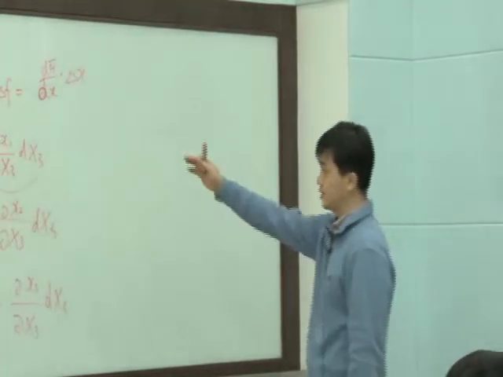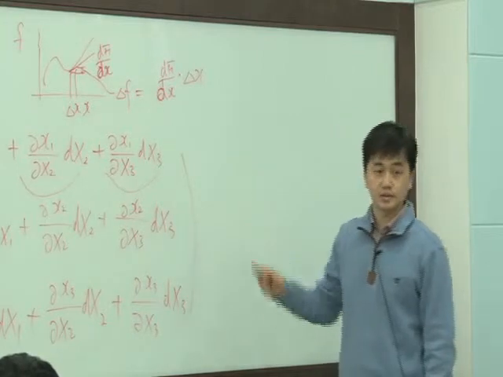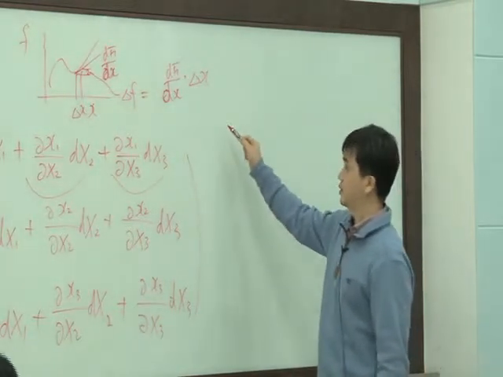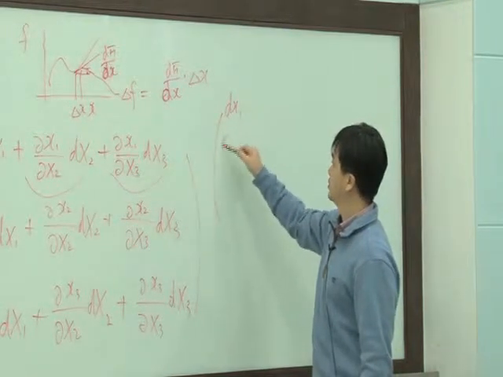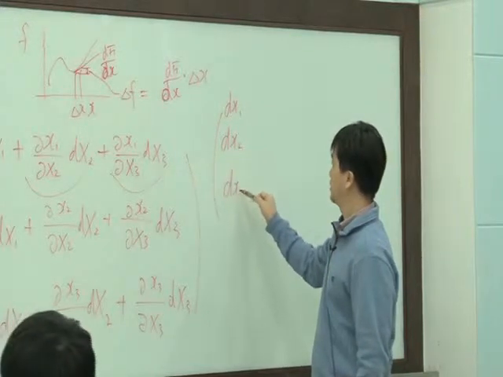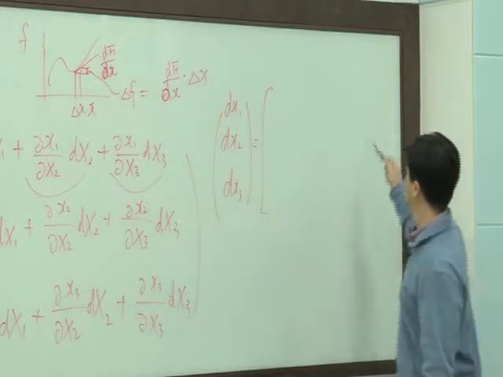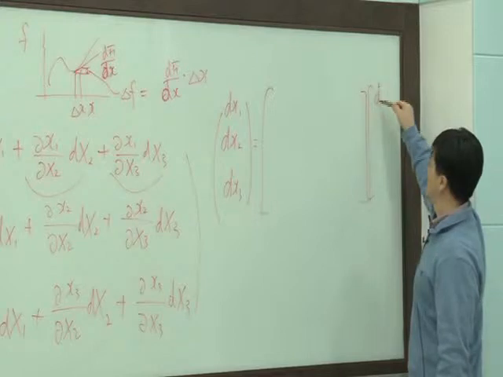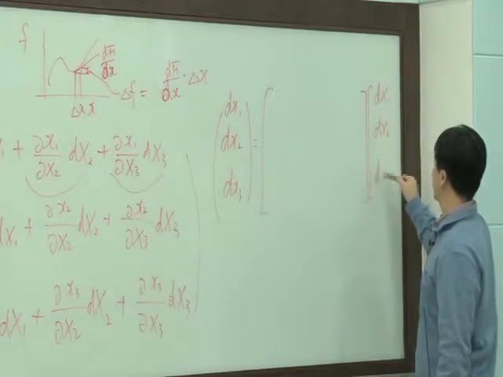And then let's look at this equation. I like to write down this equation in matrix form. So dx1, dx2, dx3 equals some matrix here times dX1, dX2, dX3.